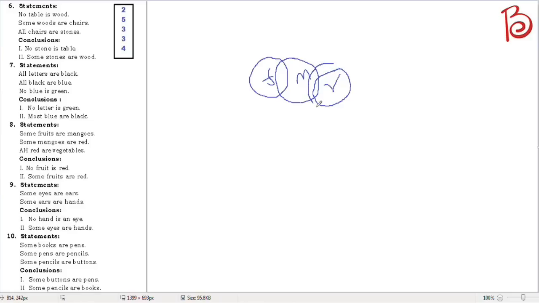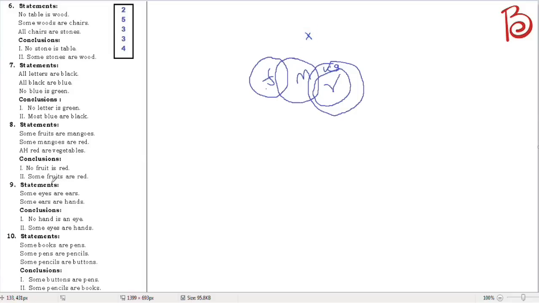This is the diagram we are getting. So let's go for the conclusion. No fruit is red. Fruit is here, red is here. So there is no conclusion.